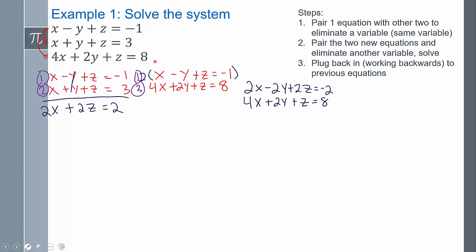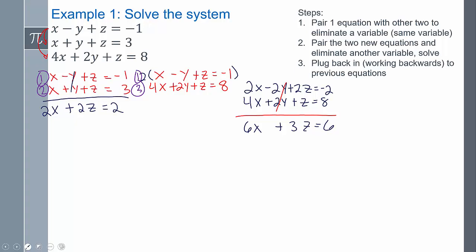So if I do that, I distribute 2, distribute 2, distribute 2, distribute 2. You get this new equation here. So now when I add those equations together to create a new equation, I get 6x, 3z, and 6. Y's are gone. So now the only variable I have is x and z.